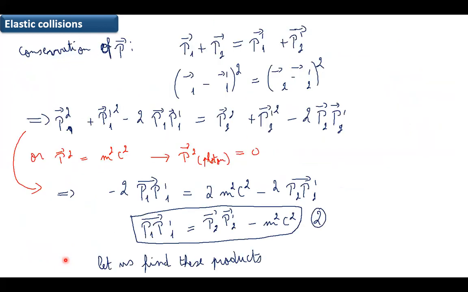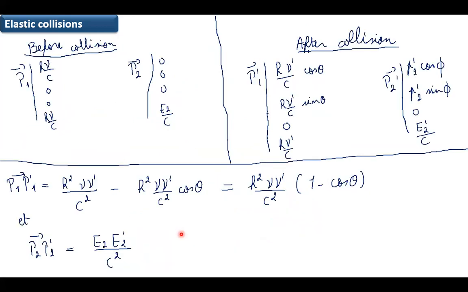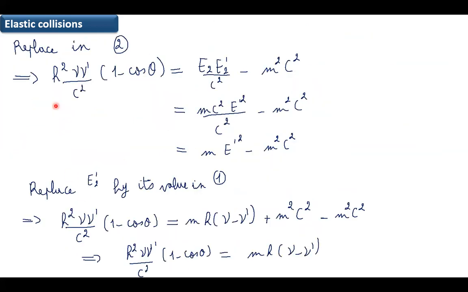We replace these values in equation number 2. So h squared nu nu prime over c squared times 1 minus cosine theta is equal to P2 times P prime 2, so it's E2 E prime 2 over c squared minus the rest of the equation, m squared c squared.